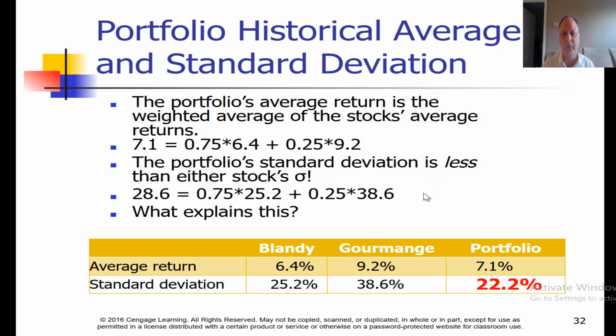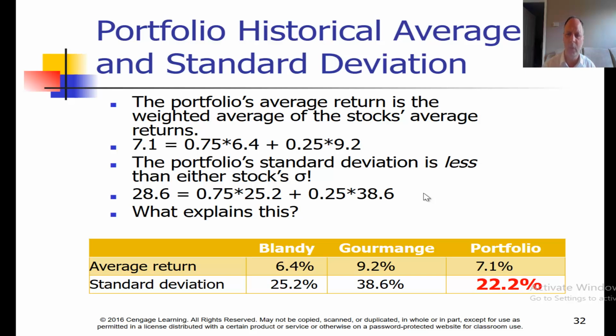But the portfolio's standard deviation is lower than the weighted average of the standard deviations of the individual stocks: 0.75 times 25.2 plus 0.25 times 38.6 gives us 28.6. We are therefore getting the benefits of the higher rate of return of Gramage in the portfolio while actually getting a lower risk by adding it.